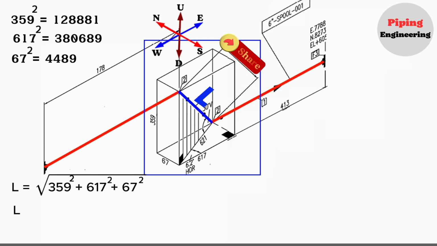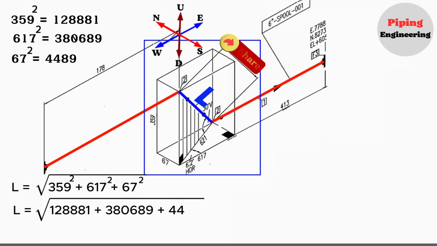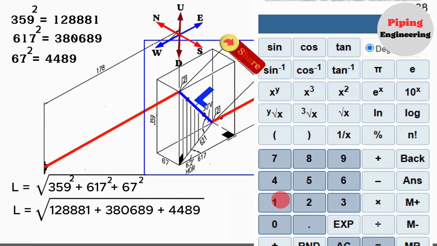L equals the square root of 128,881 plus 380,689 plus 4,489. Using the calculator, we find that 128,881 plus 380,689 plus 4,489 equals 514,059.